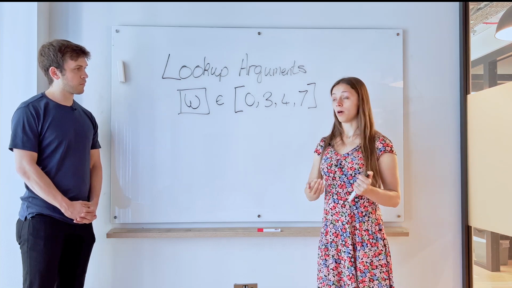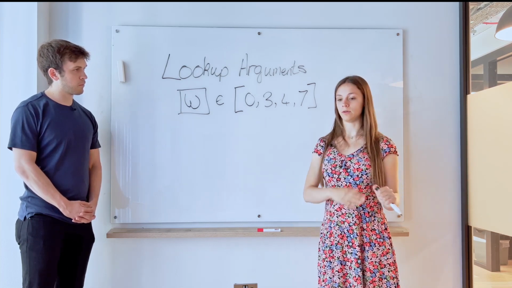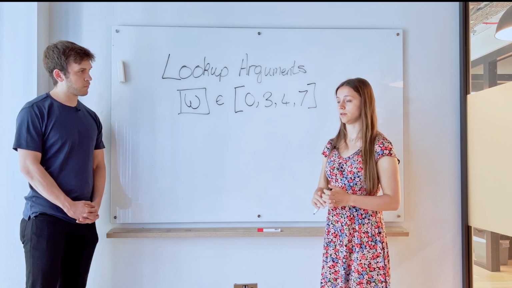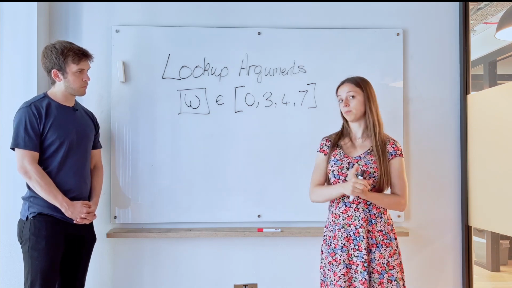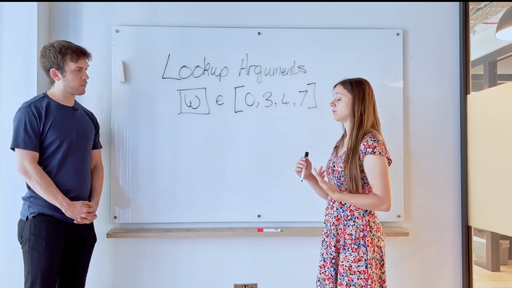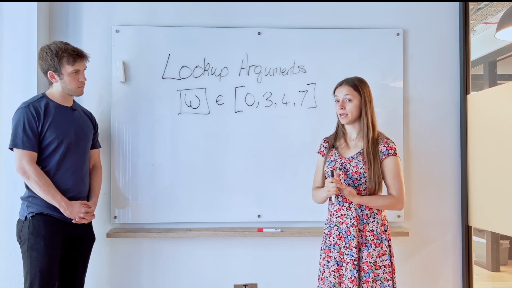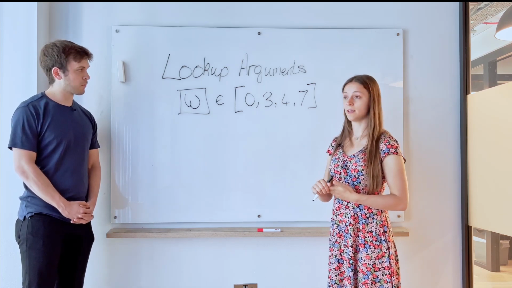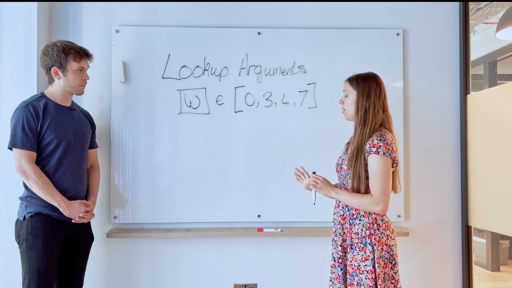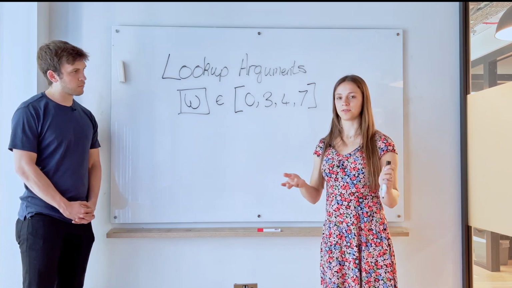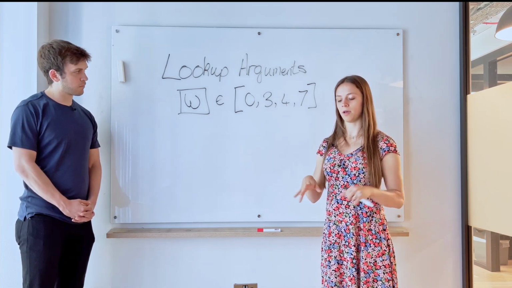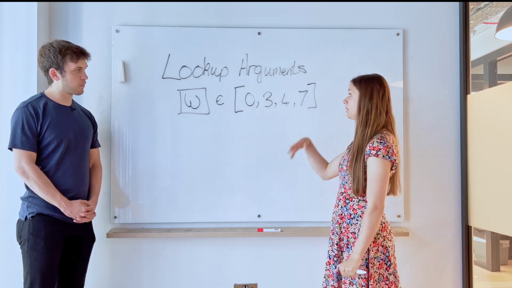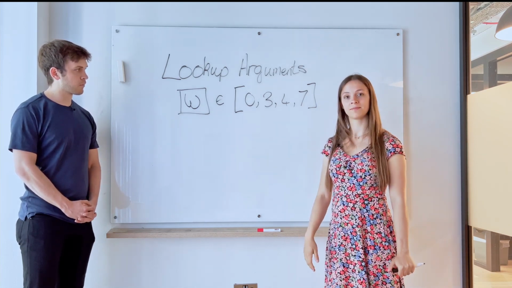Lookup arguments are also very, very related to lots of other concepts in the literature. There's a lot of overlap with set membership proofs, with accumulators, with vector commitments. No doubt there's some that I've forgotten. But in the context of trying to make Snark circuits faster, typically we would call them lookup arguments.